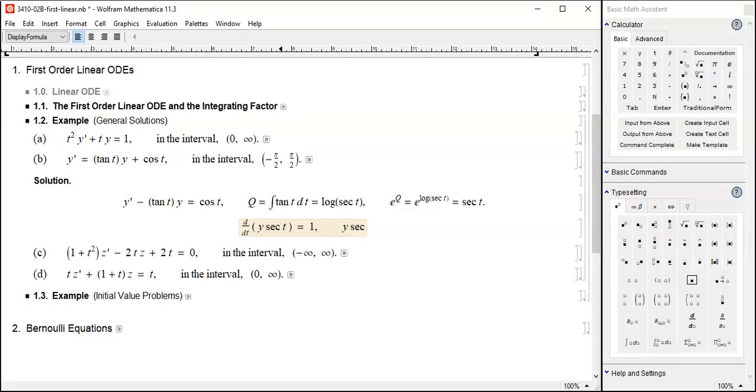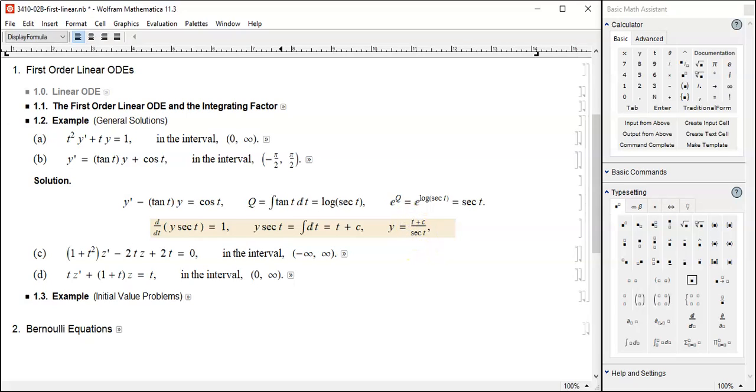So y times secant of t is equal to the antiderivative of just 1. So this is t plus c. I'm almost there. Divide by secant, and I'm going to get... But nobody writes like this.